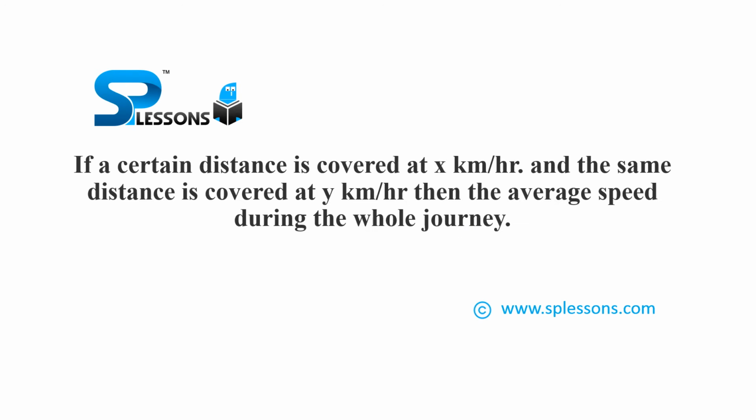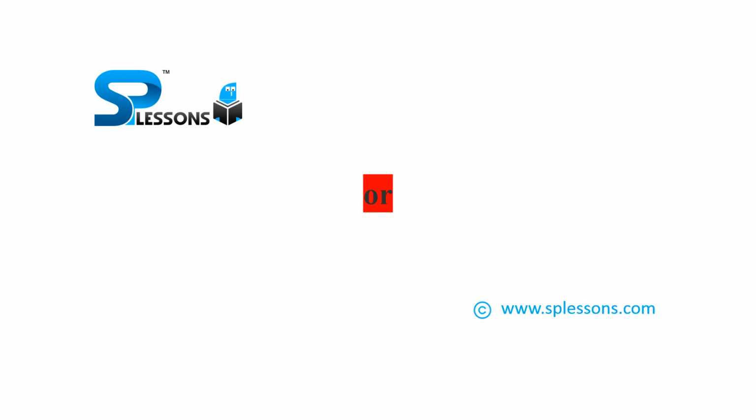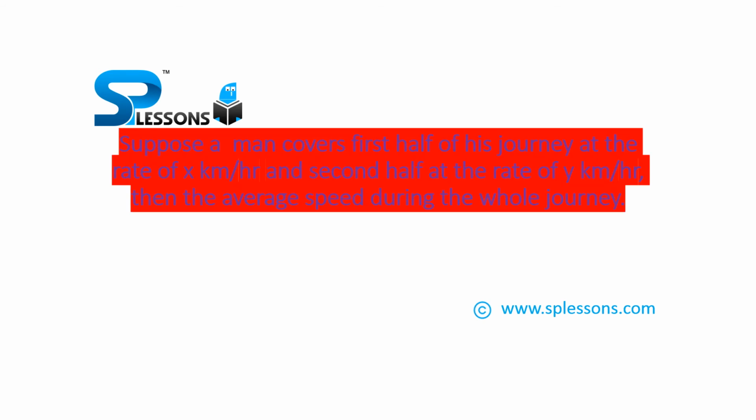If a certain distance is covered at x km per hour and the same distance is covered at y km per hour, then the average speed during the whole journey will be 2xy by x plus y km per hour. Or we can state this like this also.